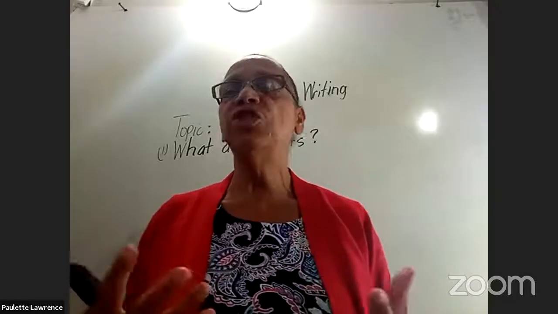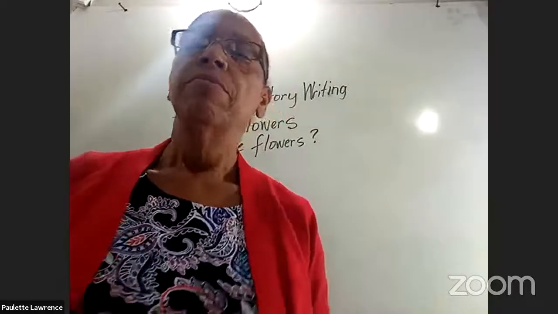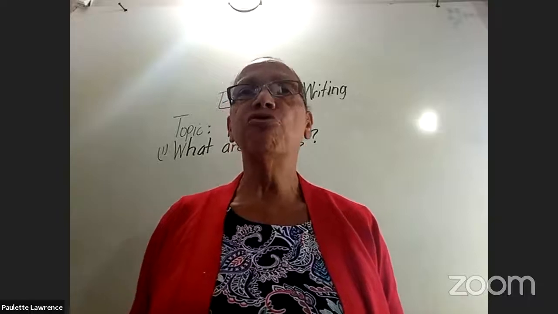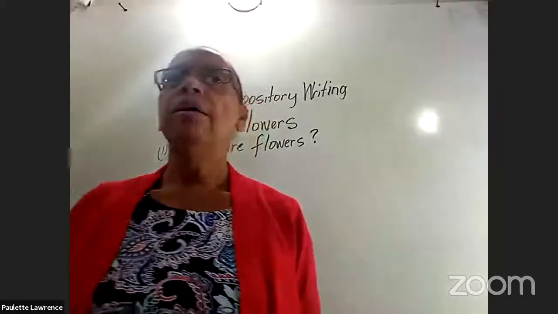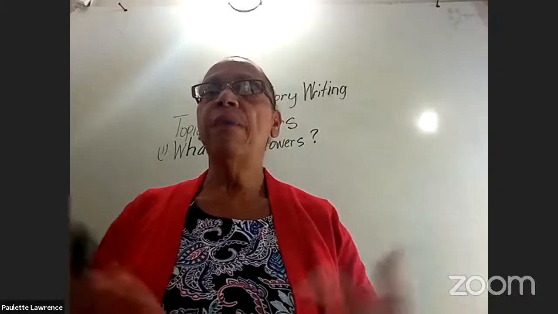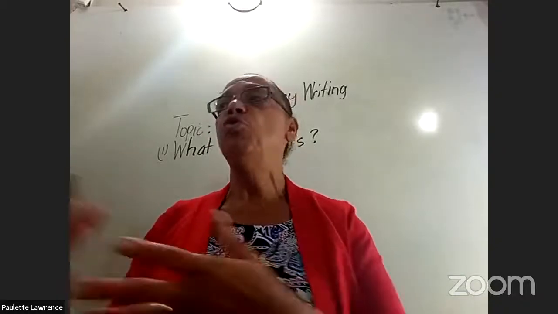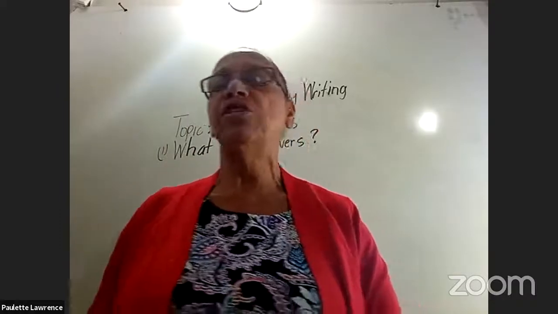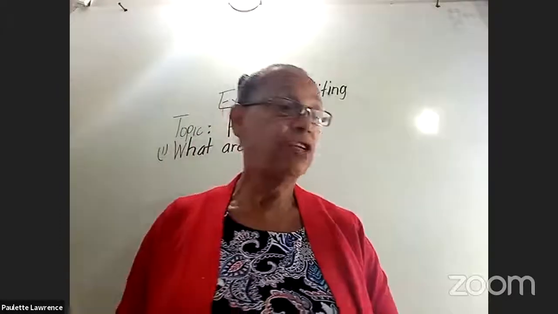You could use a dictionary definition: flowers are natural plants that grow in your garden, grow in the forest, and these are flowering plants that people use to decorate their houses or whatever. You could give them a definition and you could get a dictionary definition.